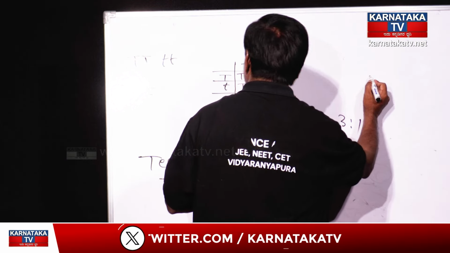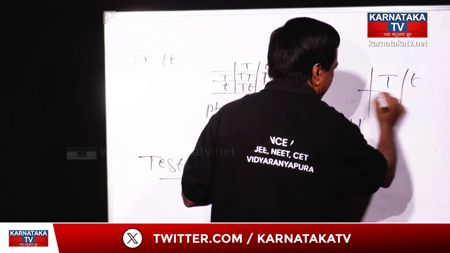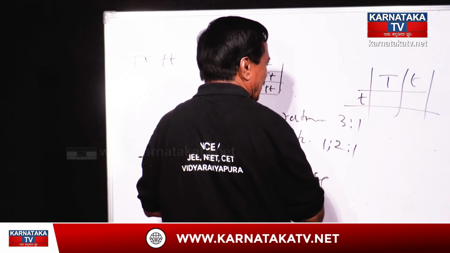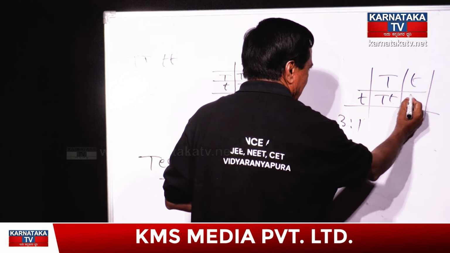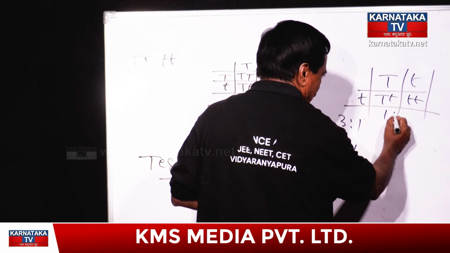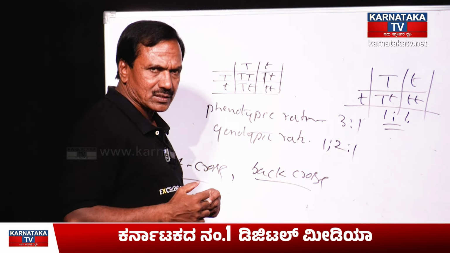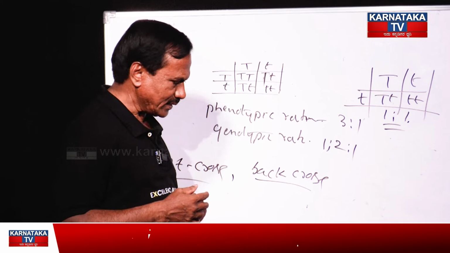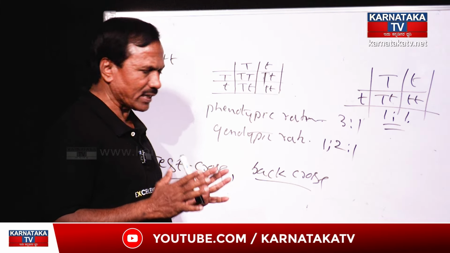These are the gametes of the F1 progeny. This is the gamete of the double recessive parent. Cross these two. You see, this is the tall plant, this is the dwarf plant. Ratio 1:1. So 1:1 is the test cross ratio of the monohybrid cross. If you write this much, you will get full marks.